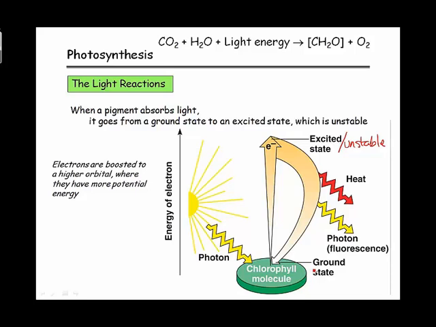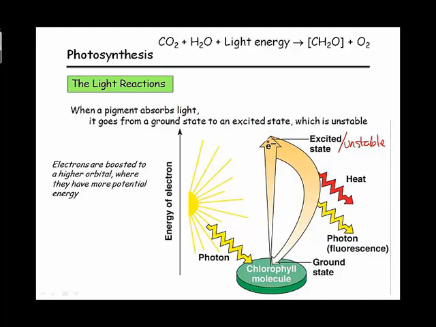In the ground state, it will not have that extra amount of energy. If it returns to the ground state from the excited state, it will lose some energy in the process, and that energy will be lost in the form of heat and then oftentimes as fluorescence. Well, that is not what we want to happen in photosynthesis. In photosynthesis, we want to have an electron that is excited, very energetic, and then we want to be able to capture or utilize that electron while it is still in that excited state.